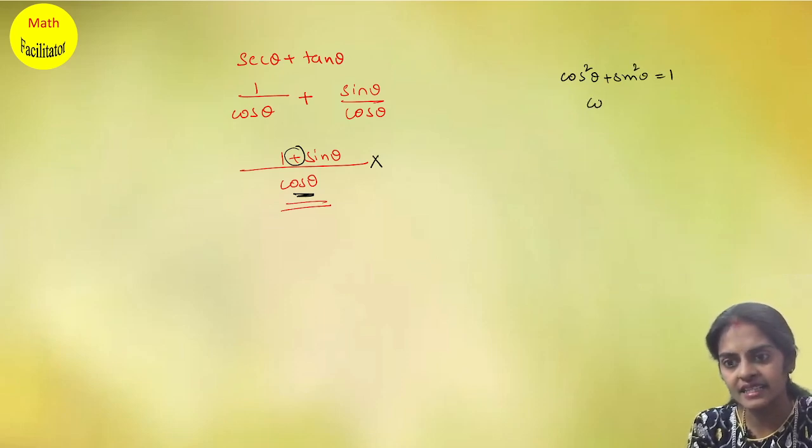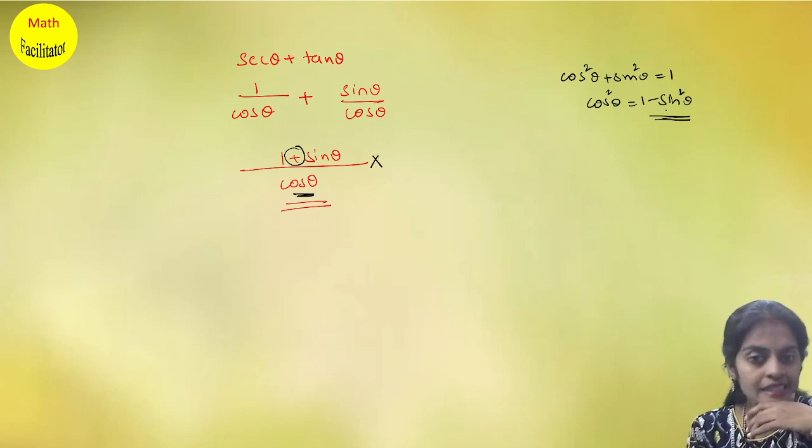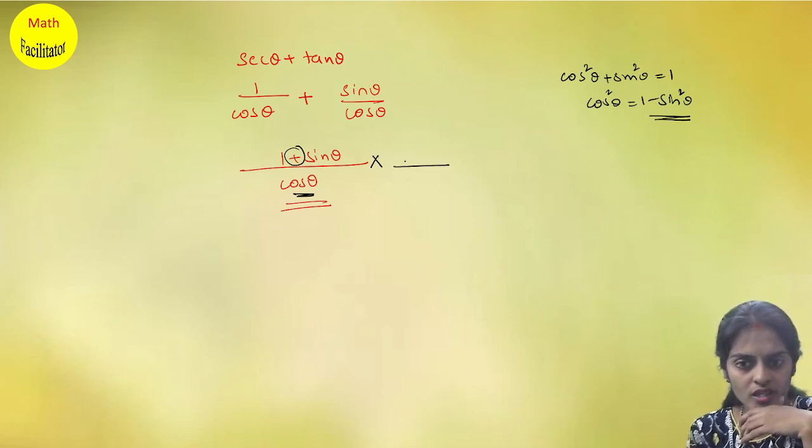From this I can write cos square theta is 1 minus sin square theta. Isn't it? So here, if I want to write 1 minus sin square theta in the denominator, I want one more cos theta. So I am multiplying and dividing by cos theta.